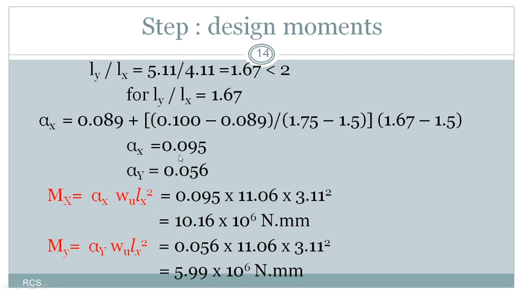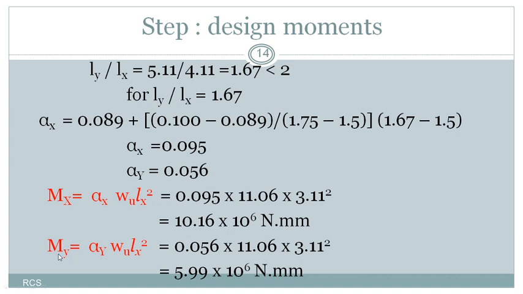Alpha x is already known to you, that is 0.095, multiplied by W, which is 11.06, and Lx is the effective length along the shorter direction, that is 3.11, squared. If you multiply all these, we will get 10.16 times 10 power 6 Newton-mm as the factored bending moment along the x direction.